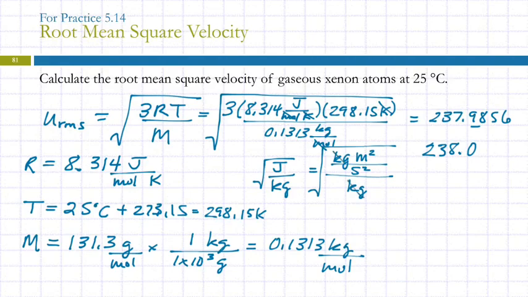So the kilograms cancel out. We get the square root of meters squared per second squared, which is meters per second. This is why the molar mass has to be in kilograms, because of what the joule means. Any questions?